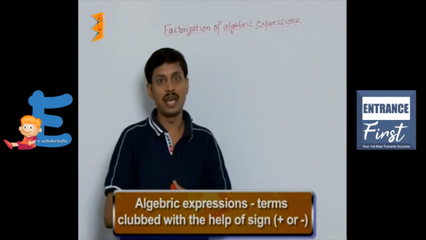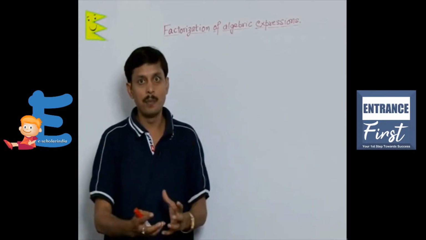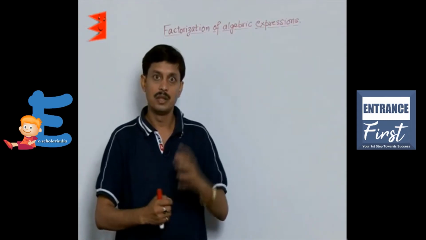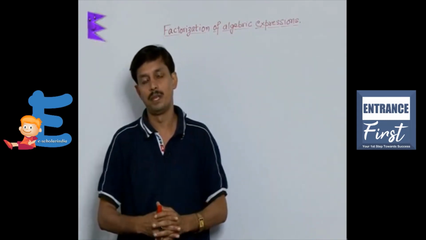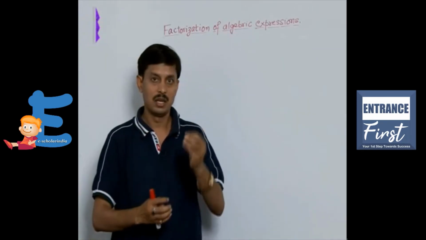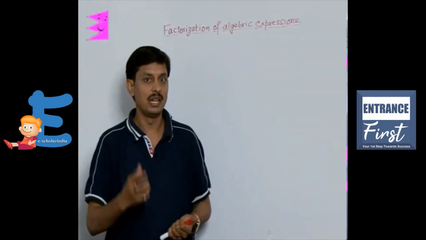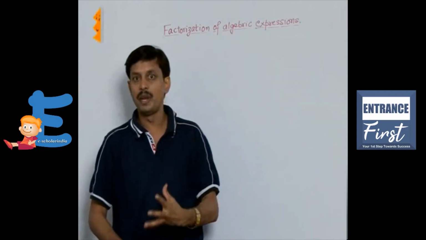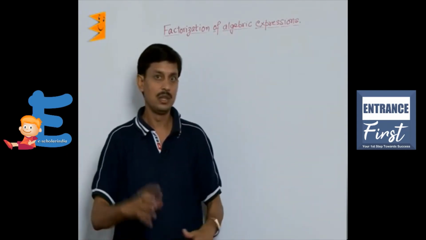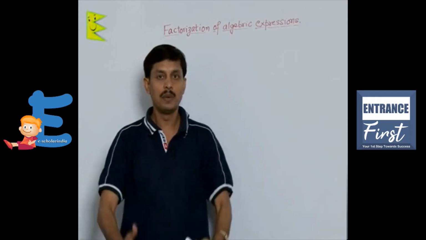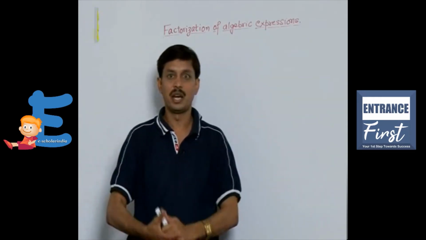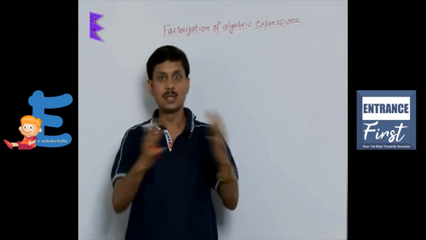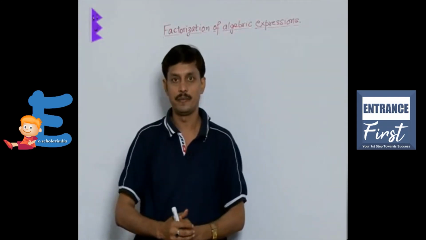When the algebraic expression is decomposed and brought into its simplest form, that simplest form is known as factorization of the algebraic expression. So the terms algebraic term, algebraic expression and factorization are clear to you. But before I tell you the important identities, I want to tell you one important fact: the difference between an equation and an identity.